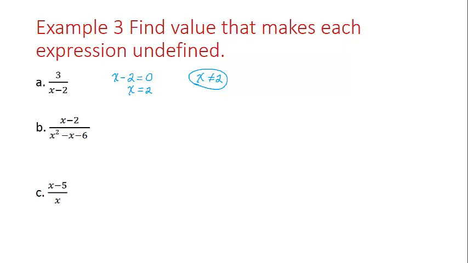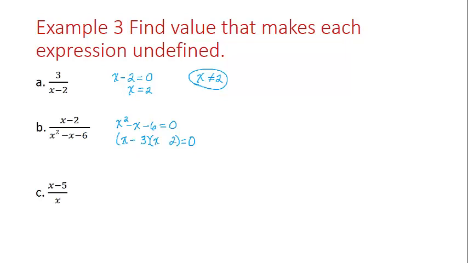In the expression x minus 2 divided by x squared minus x minus 6, we have to set that quadratic expression from the denominator equal to 0. We have to factor it. When we factor it, we have to find the factors of 6 whose difference is 1, and that would be 3 and 2.